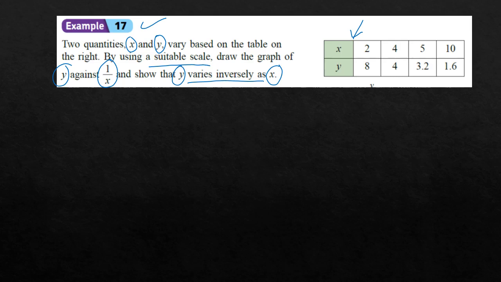Now your table here has x and y, but you are asked to draw the graph of y against 1 over x. So you have to change x into 1 over x. All these values will change. Use your calculator: 1 over 2, 1 over 4 here.